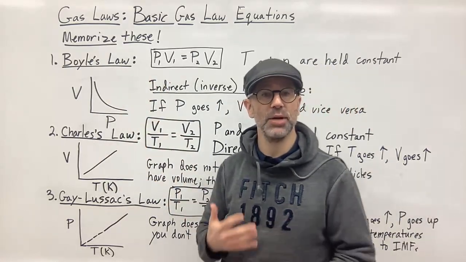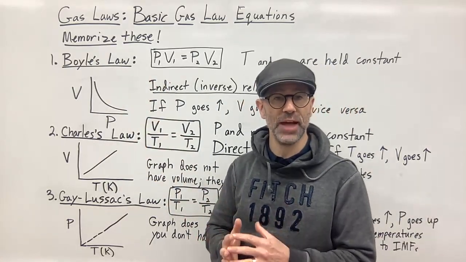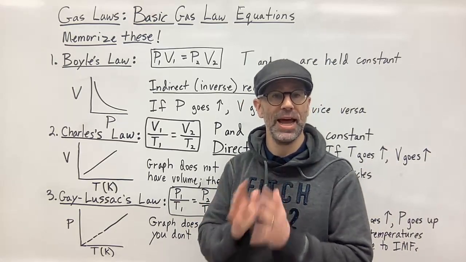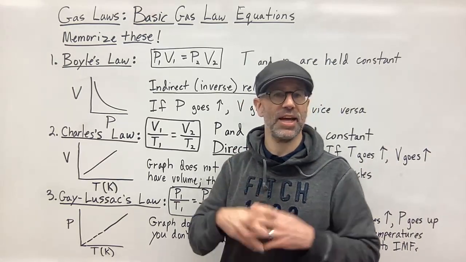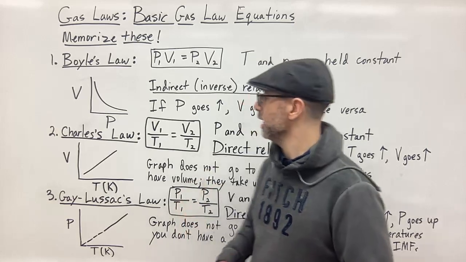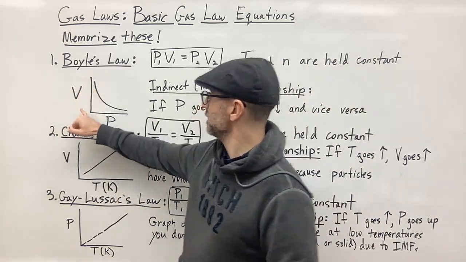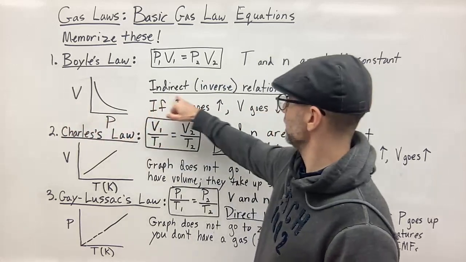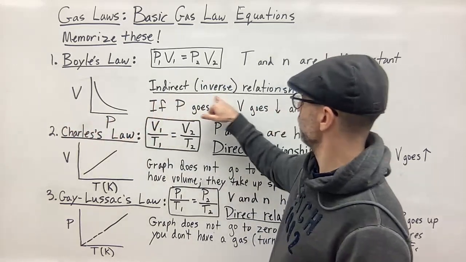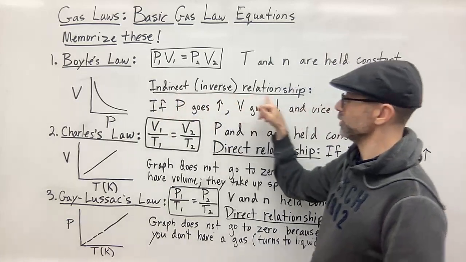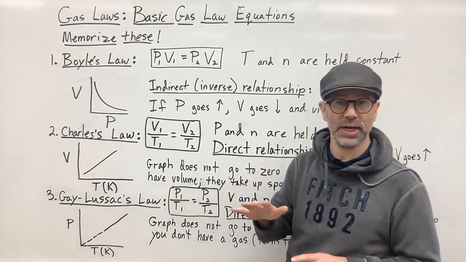It describes a relationship between these properties of gases, in particular pressure and volume. How does the pressure of a gas and the volume of a gas relate to each other? They relate inversely, which means they go in opposite directions.